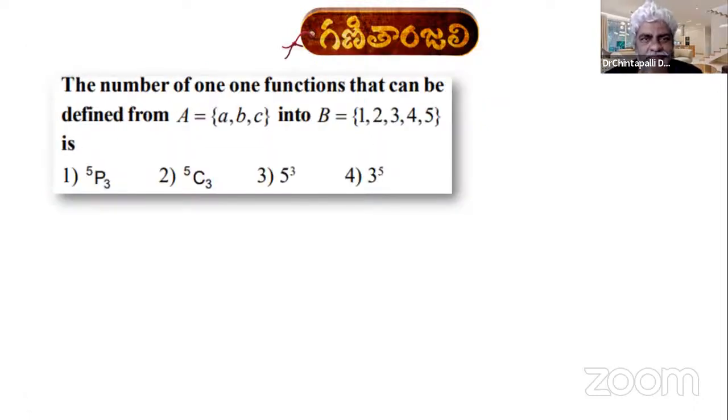Now answer this question. The number of 1-1 functions that can be defined from A equals {a, b, c} to B equals {1, 2, 3, 4, 5}.